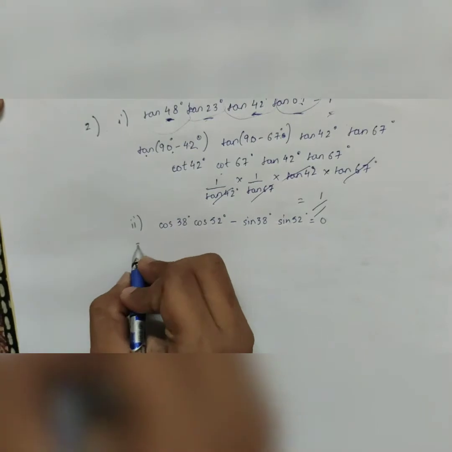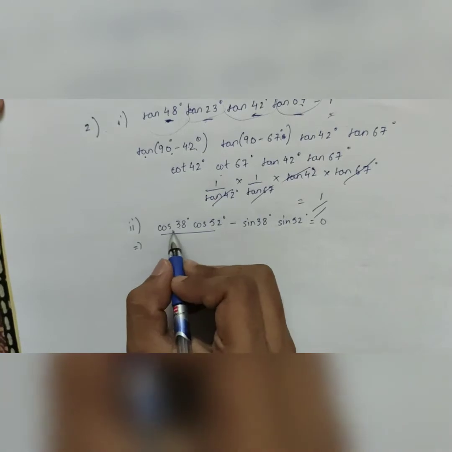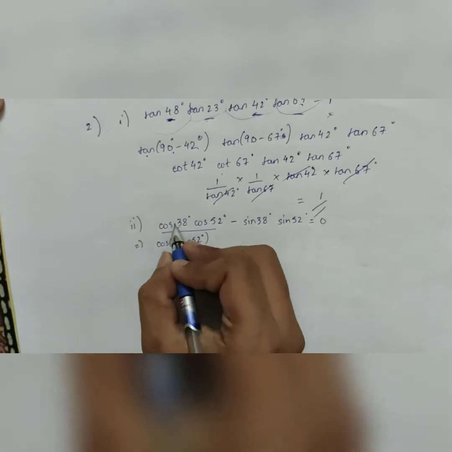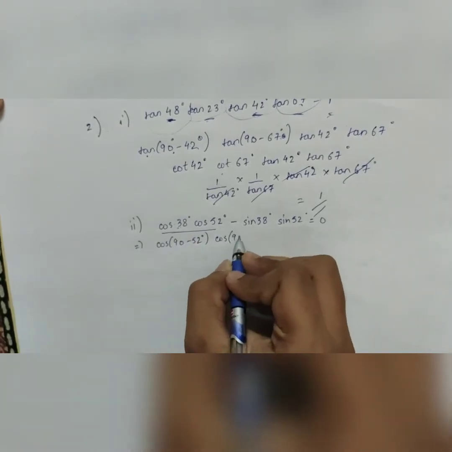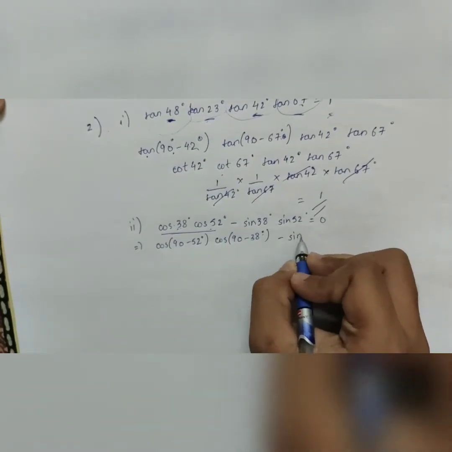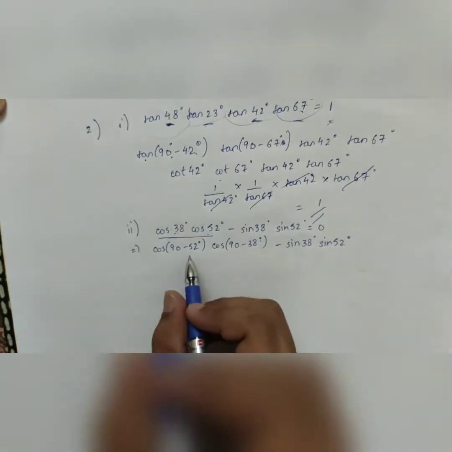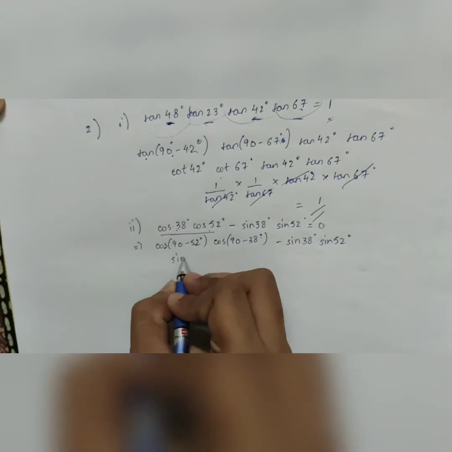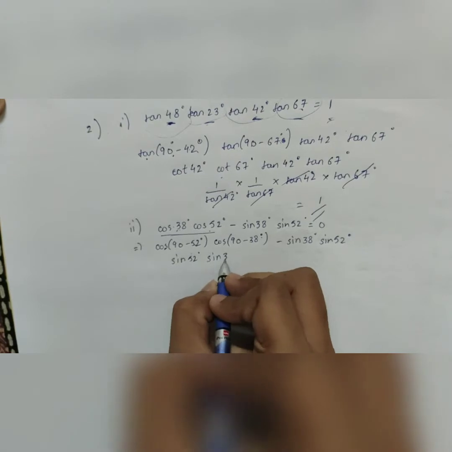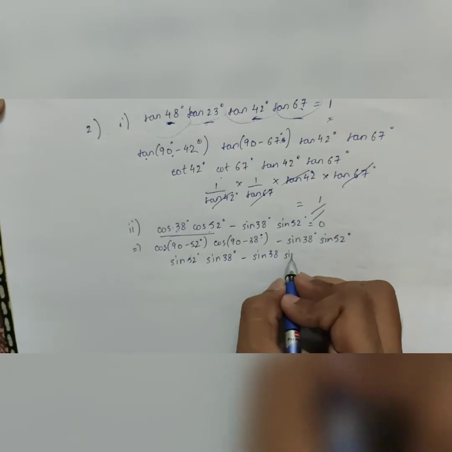So again the same thing, just look at these terms. 38 and 52 sum up to be 90 degrees, so we can write cos 90 minus 52 is cos 38, and cos 90 minus 38 is equal to cos 52. Leave these both terms as they are. So cos 90 minus theta is sin theta, again cos 90 minus theta is sin theta, minus sin 38 into sin 52.